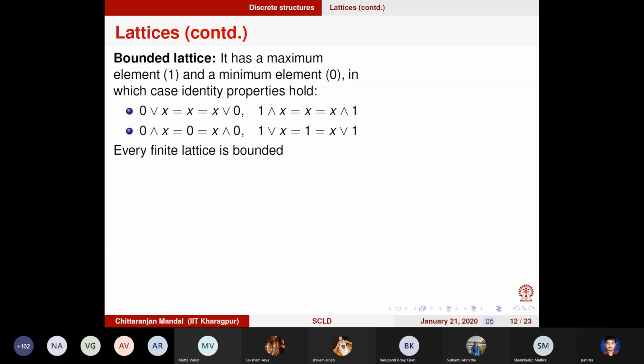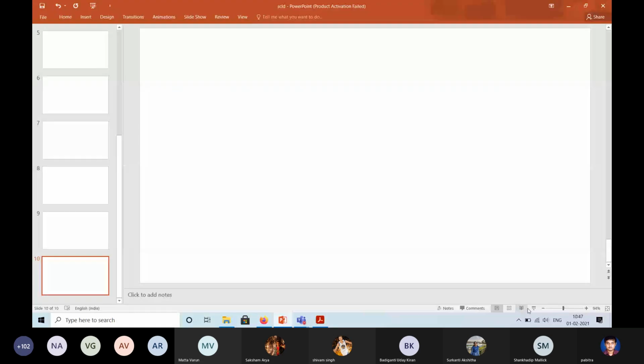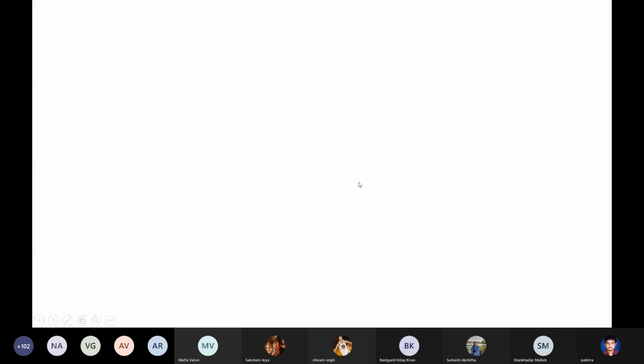For example, this is a lattice. Let me give an example of a lattice without a greatest and least element. So this is a lattice which doesn't have a greatest or least element.